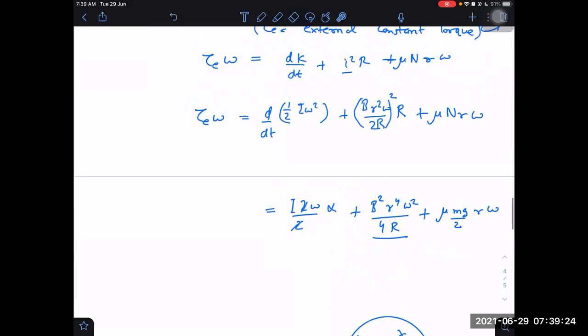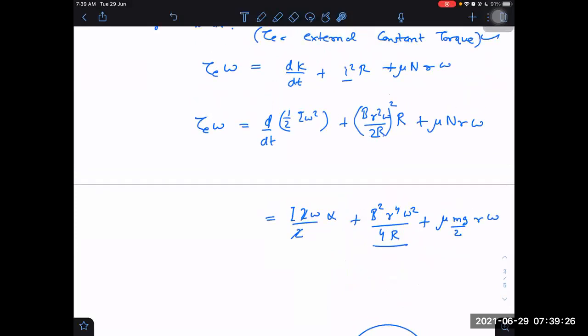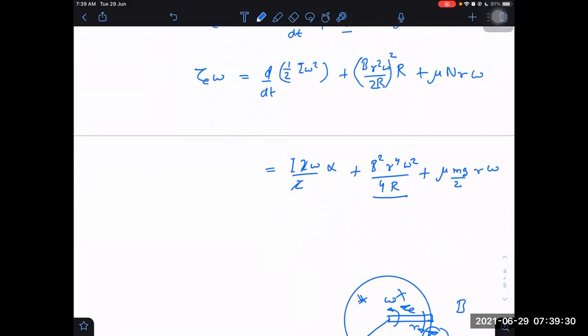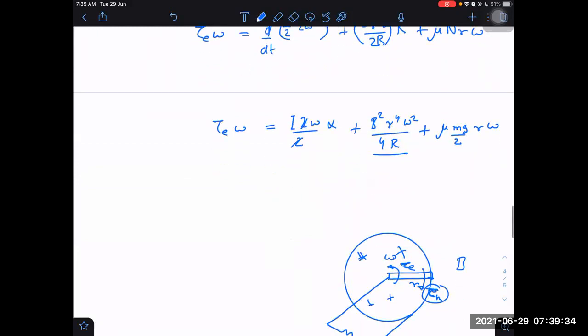I can simply say torque external into omega. That is enough. What do we get now? Now let us check first which omegas are getting cancelled here. One omega from this place, one from here. Everywhere one omega is getting cancelled.